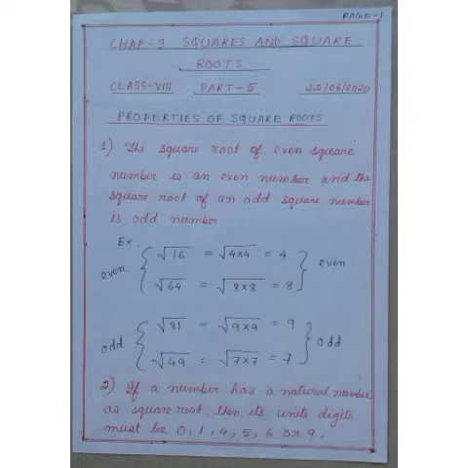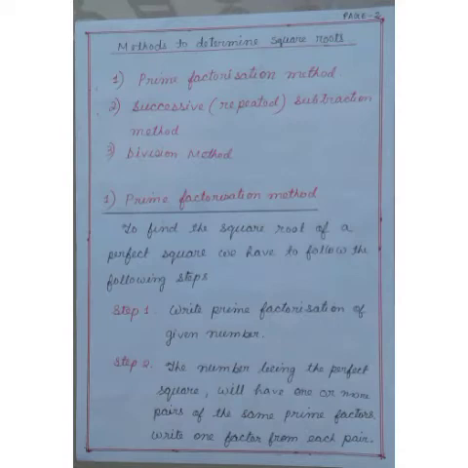Methods to determine square roots. There are some methods to find the square root of a given number. Method number 1 is the prime factorization method, which you have done in the last class.